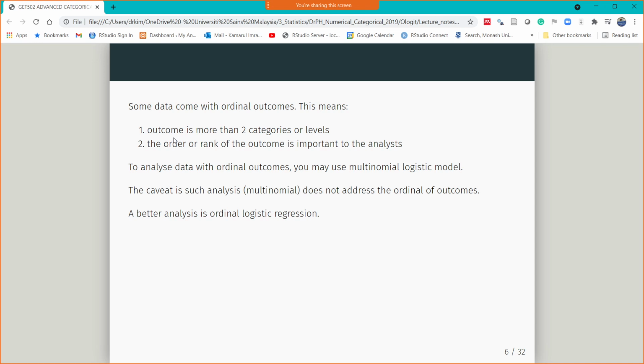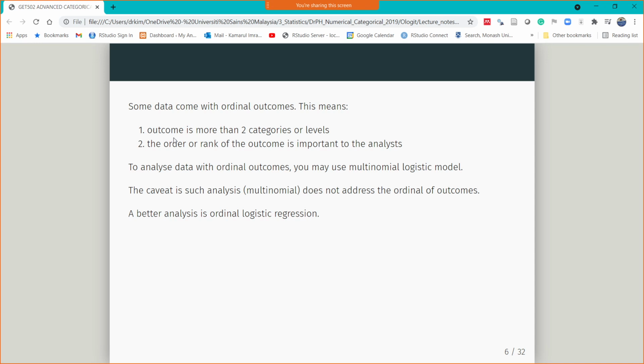However, multinomial logistic regression applies to an outcome variable that does not have ranking or ordinality, or where ordinality is not important for the analyst. When the ranking of the outcome categories is important, then there is a better method, which we are going to learn now.